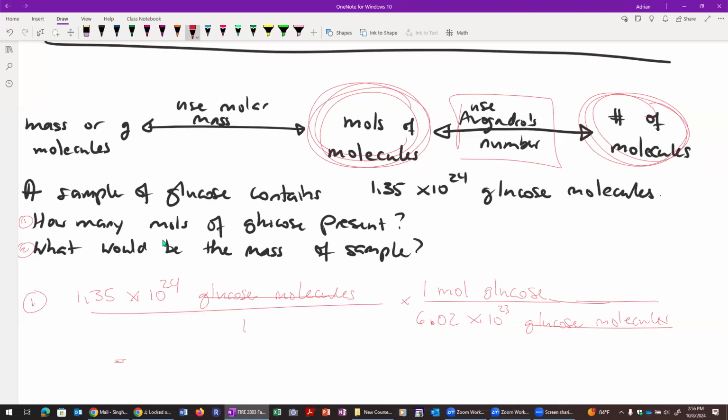That gives us, with 3 sig figs, 2.24. Then my unit here is moles of glucose.